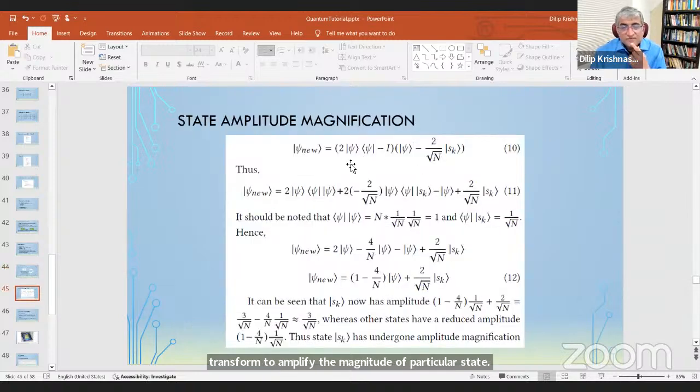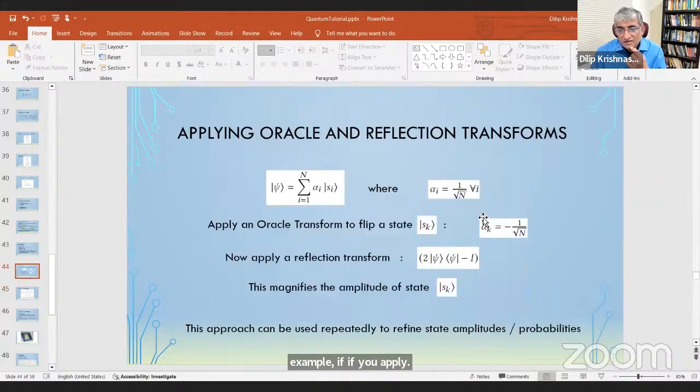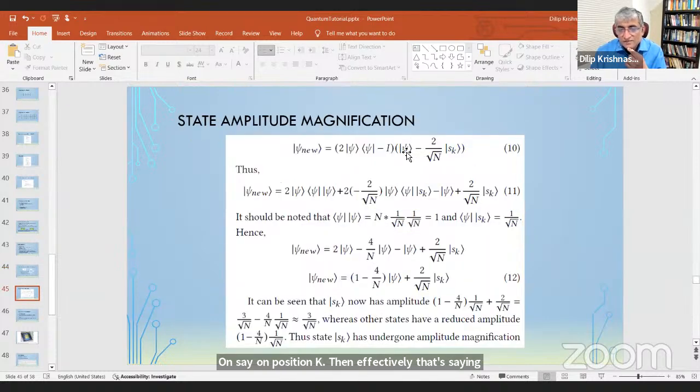For example, if you apply a reflection transform on, say, position K, then effectively that's saying that I'm starting with the initial wave function, but I'm subtracting 2/square root of n sk, for wave basis function sk, for example.